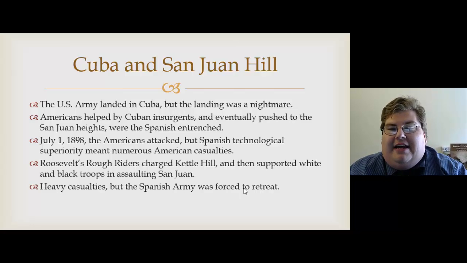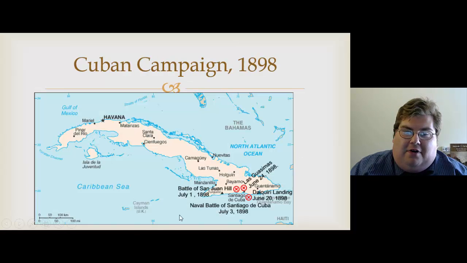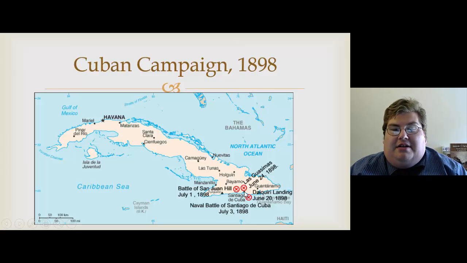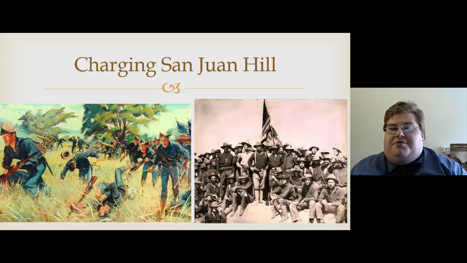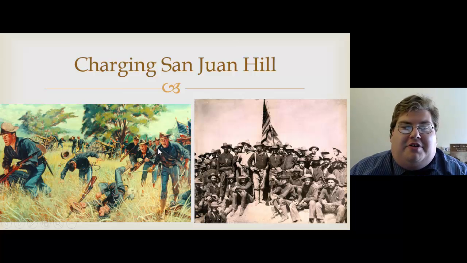Our guys take heavy casualties, but the Spaniards cannot stand. And so they fall back. From here, they get pushed back and back until they have to surrender at Santiago because the Spanish Navy will soon be destroyed. If we look, a couple of other things about this war, like I said, transition of modernity.